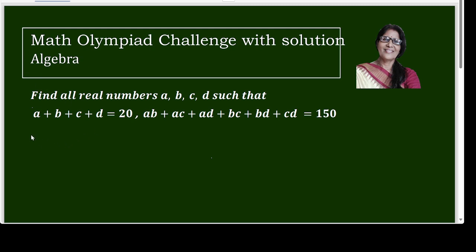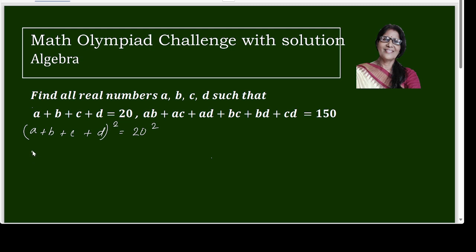So first let me square the first equation, that is a plus b plus c plus d equals 20. If I square, that means I will multiply a plus b plus c plus d by a plus b plus c plus d.